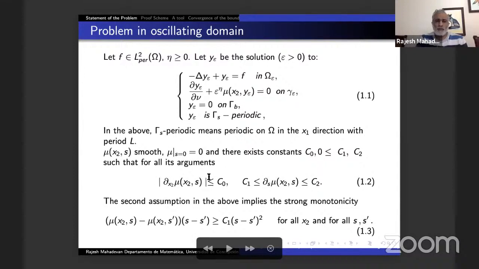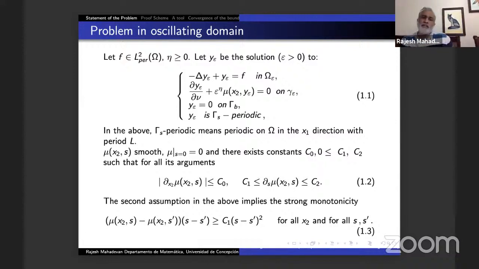Here, if you look at it, we assume not more than a linear growth in mu because of these conditions here. But it might be interesting to study other nonlinearities, with some Lp kind of nonlinearities, might be.